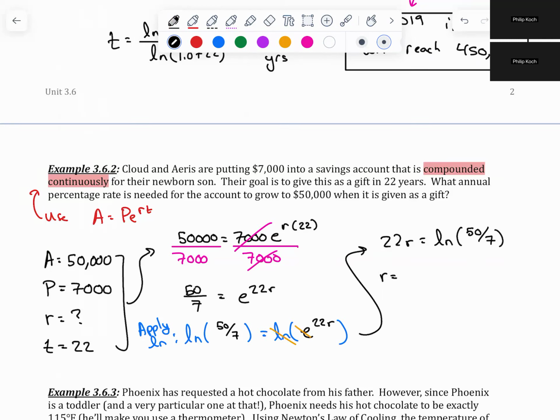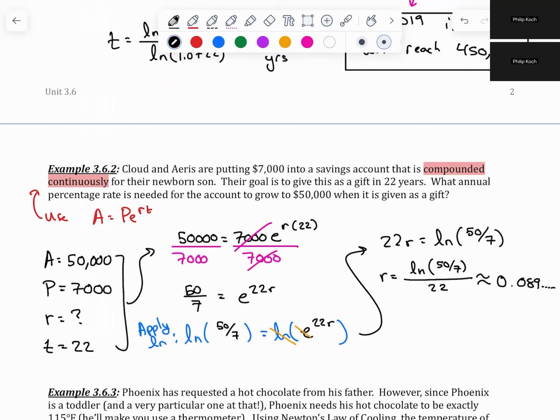So r is equal to natural log of 50 divided by 7, divided by 22, which is approximately 0.089.